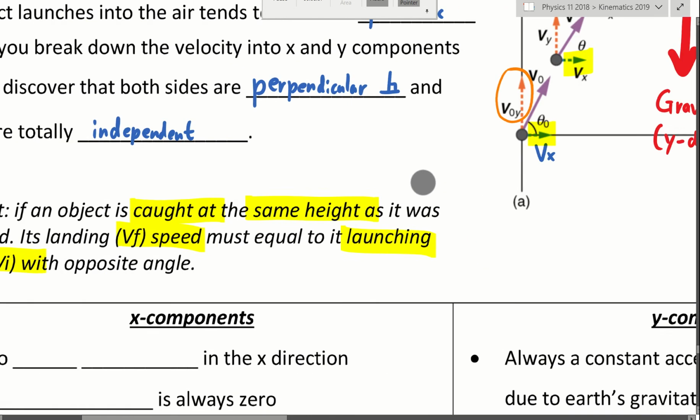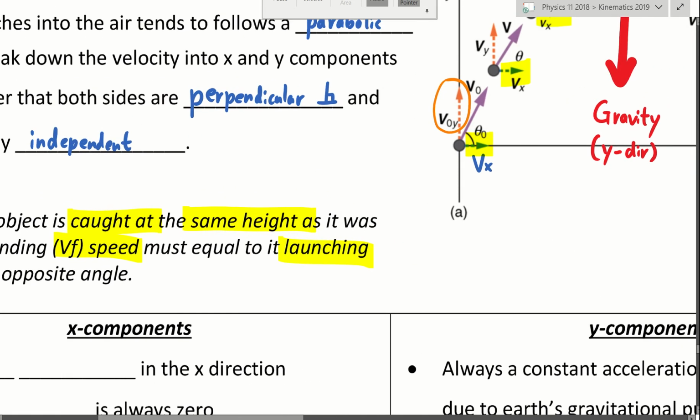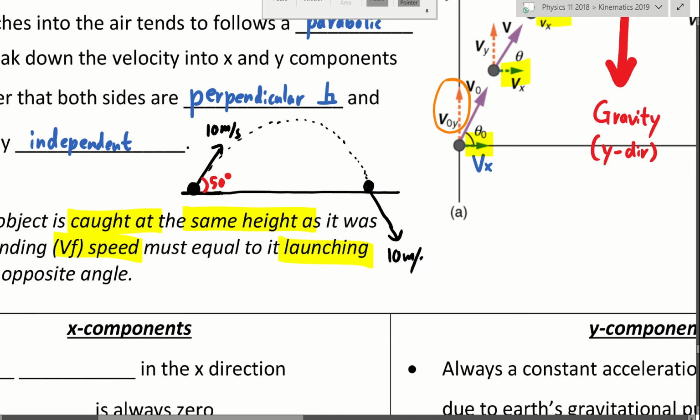That means, for example, if you're launching something with a speed of, let's say, 10 meters per second at an angle of 50 degrees, and you catch it on level ground, then by the time the object reaches the other side, it's going to land on the ground with exactly the speed of 10 and exactly the same angle, but on the other side. So it will be the same number on the other side.